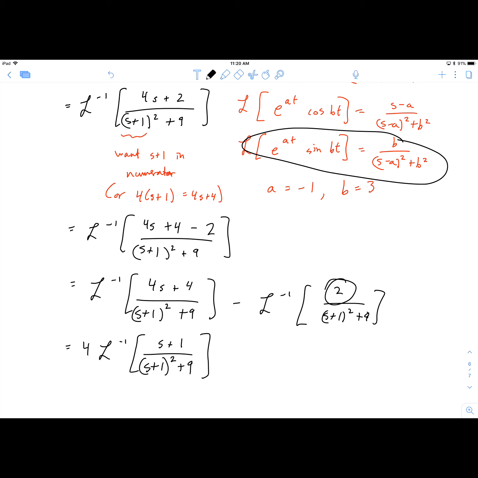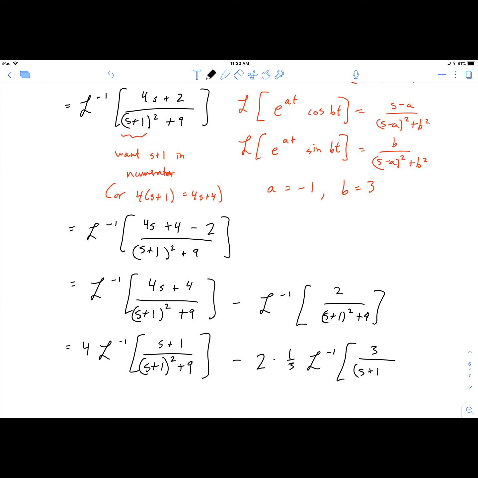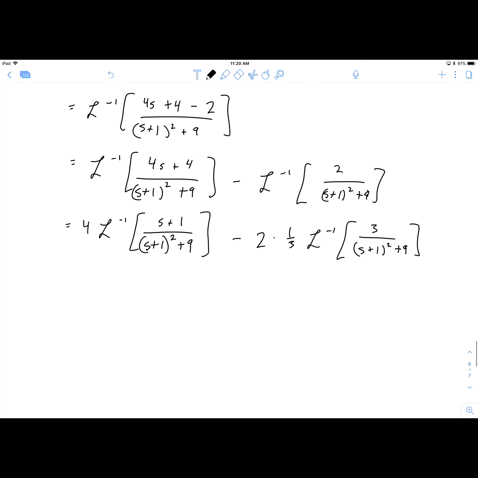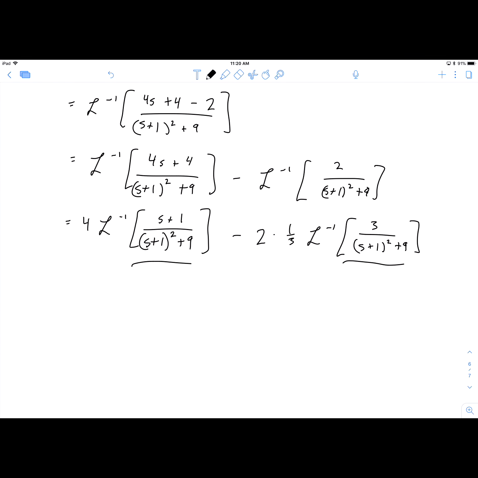We want the numerator to be a 3, so we're going to multiply by 3 and by 1/3. So let me pull the 2 and the 1/3 out in front, because those are the ones we don't need to make it match the form. But all we've done is taken this 2 multiplied by 3 and 1/3. And then we're done. Both of these match exactly the form of the sine and the cosine.